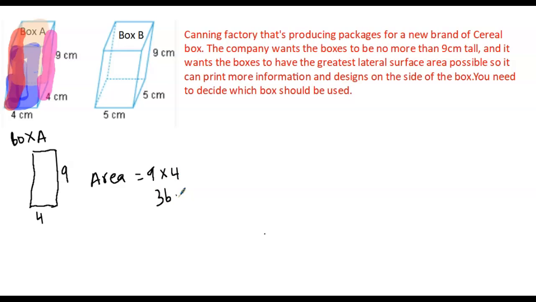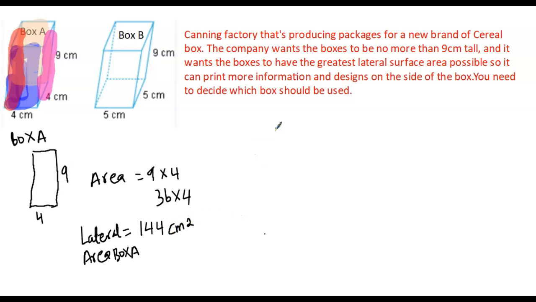There are 4 sections of it as we see, so you multiply by 4, and that gives us 144. And this is the lateral area of the box A. Yeah, so centimeter, so it's going to be centimeter squared.